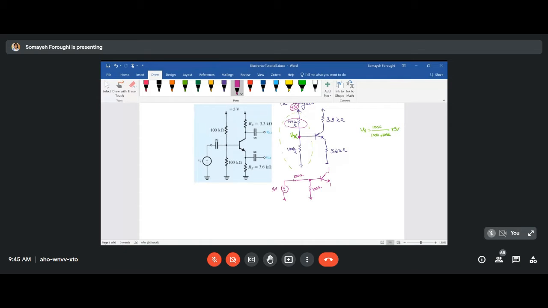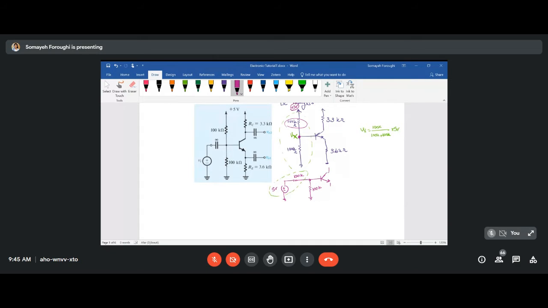I can apply Thevenin Norton, and convert this voltage and resistance to a current source and another resistance, which will be in parallel with this 100K which we have here.